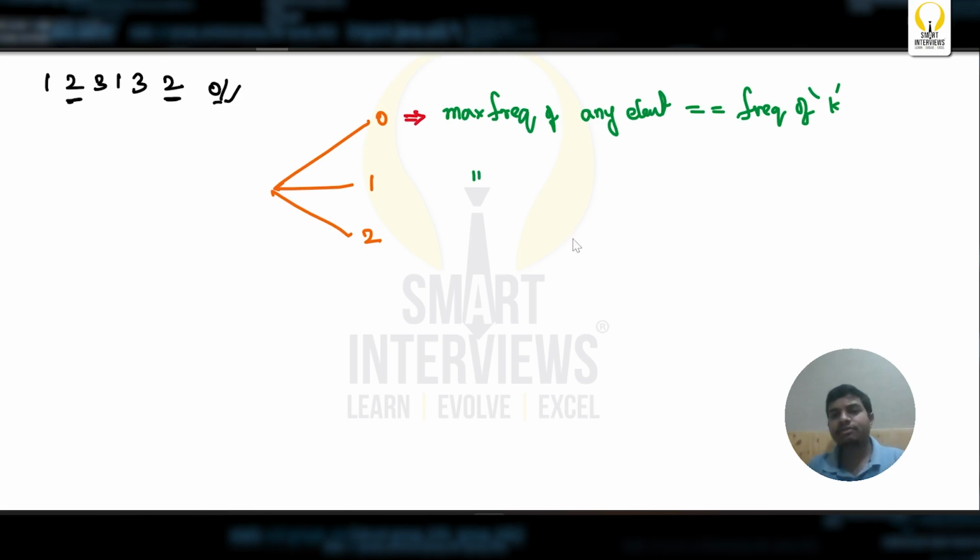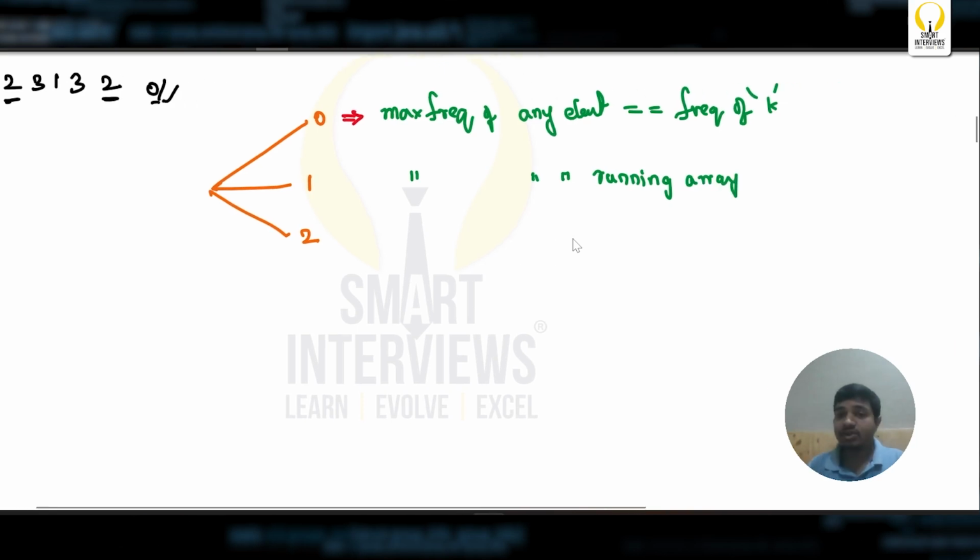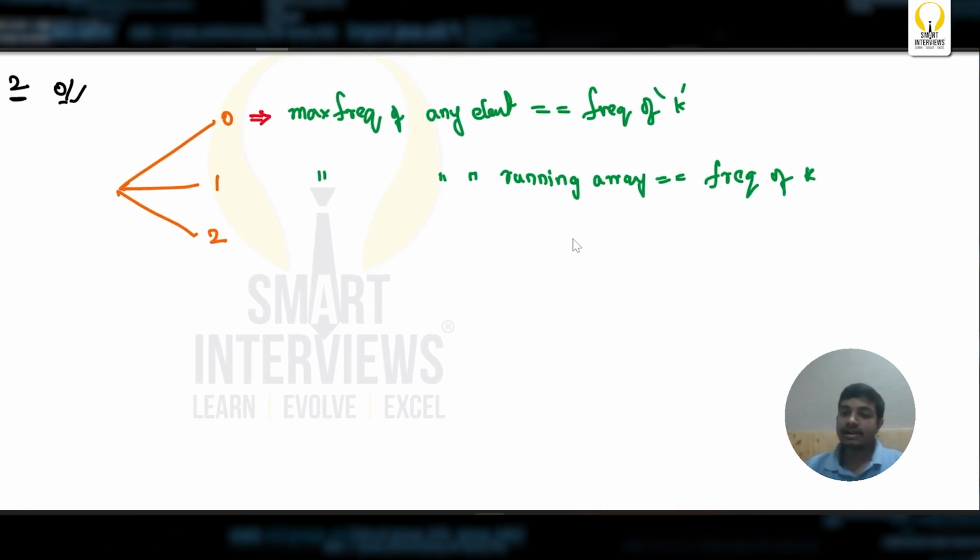So exact same logic: the maximum frequency of any element in the running array, if it is equal to the frequency of the value k in the same running array until that particular part, if it is the same, I can just simply return 1 to my output. If this satisfies, I can return 1 by omitting the right part or else the left part.